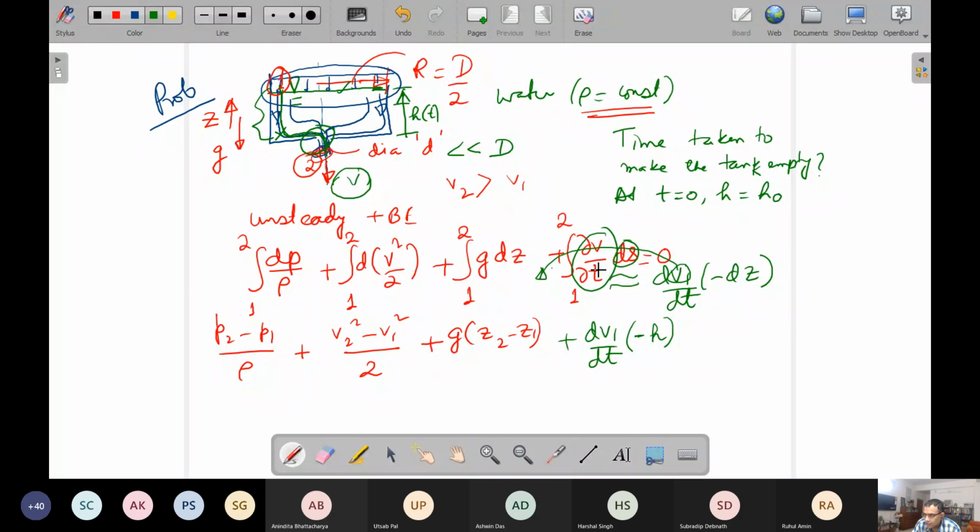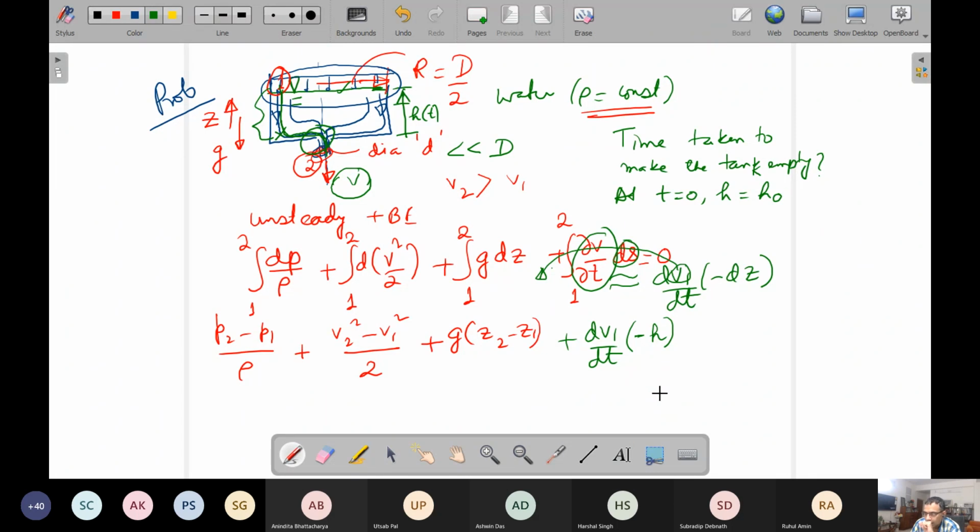If you are moving, it is the rate of change of velocity with respect to time, times the change in the streamline coordinate, which is the change in the z coordinate, and the integral of this entire thing from 1 to 2 is simply minus h.